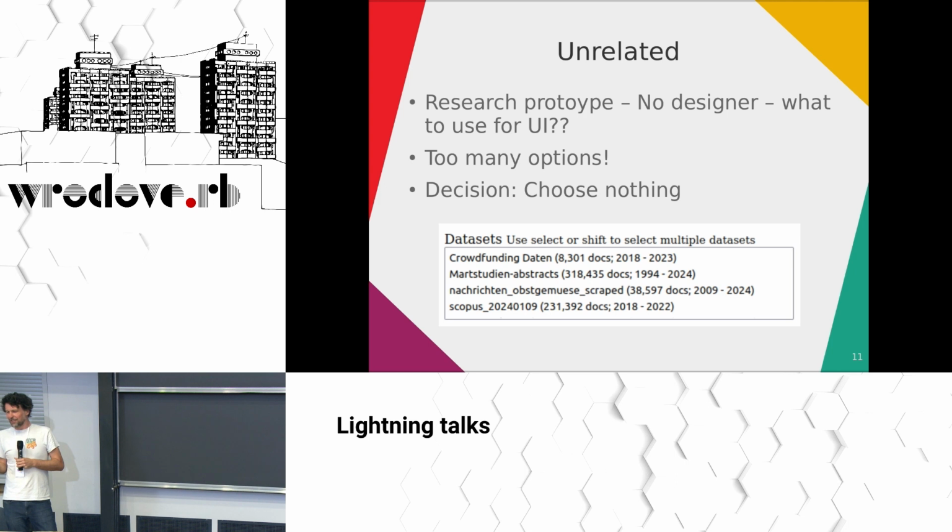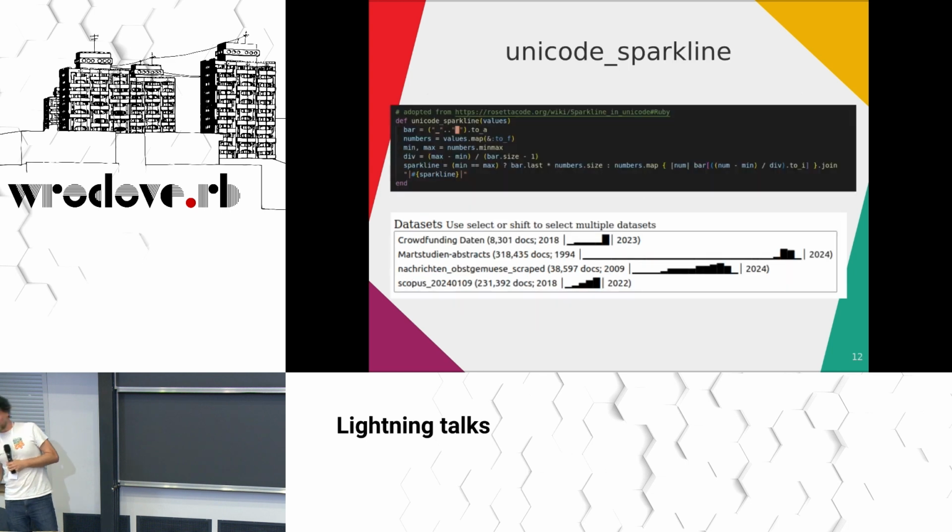The solution was actually kind of nice, getting the job done, because we simply used Unicode sparklines, which is kind of a thing. As soon as you know how to Google it, there's a huge page on some wiki on how to implement Unicode sparklines. And it just worked out perfectly.